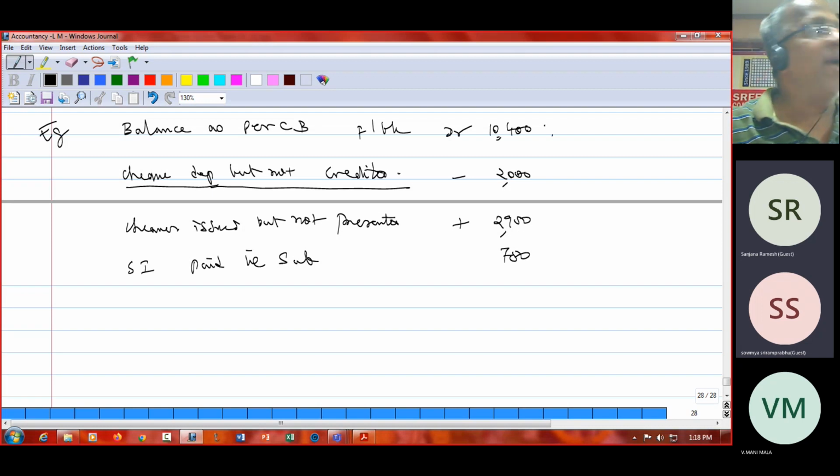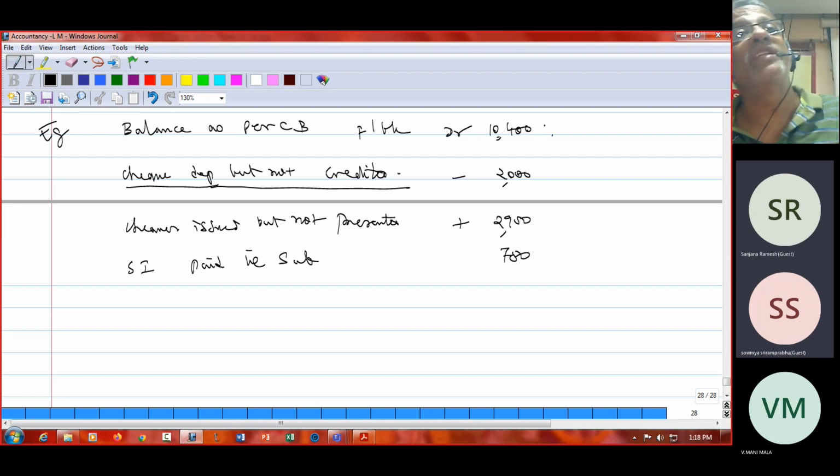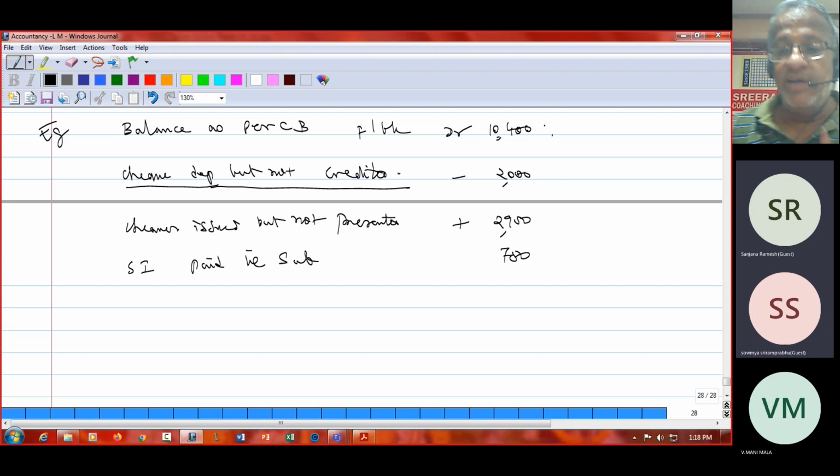I am telling my banker that 750 rupees insurance premium you have to pay every 6 months. Don't ask me, please take it. In which book is this item found? Passbook. Which side of the passbook? Debit side. How do you call this? Unrepresented debit. What should you do? Deduct. Matter simple.